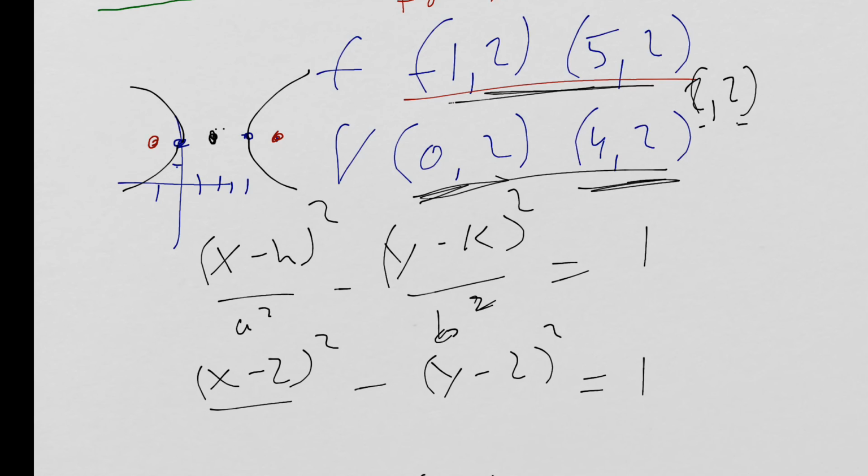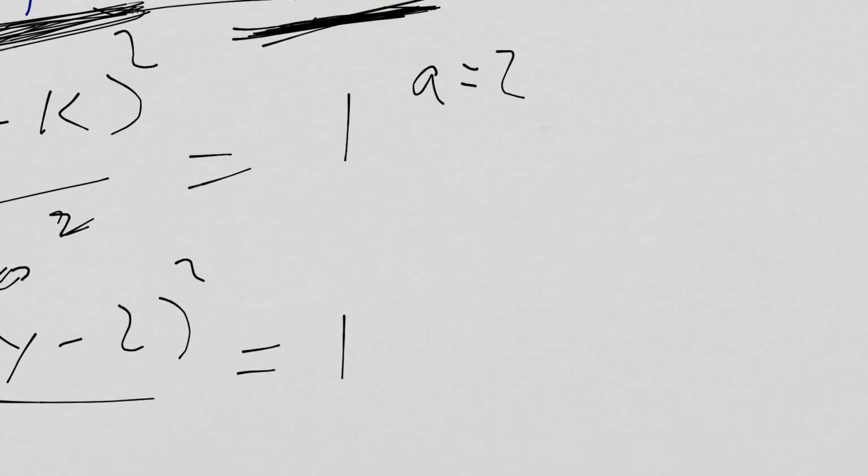a is always the distance from your center to a vertex, either one. This center is 2 units from this one, and also 2 units from this one. So a equals 2. So I'm going to put a 2 down here and square it. Okay, now we're looking for b squared. Well, we know there's a relationship between a squared, b squared, and c squared. a squared is 4.